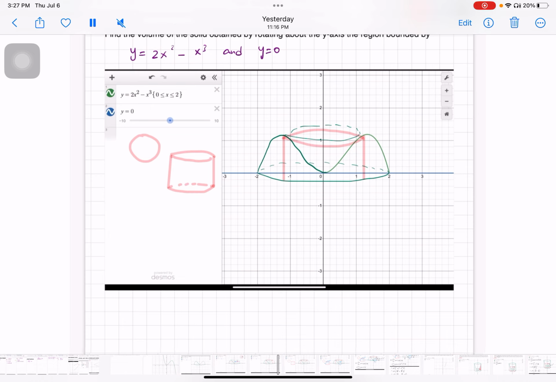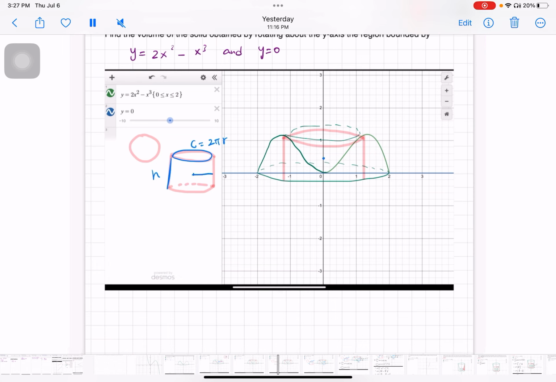That is what the cylinder shape is talking about. This is actually one slice. So we're going to find the circumference of the cylinder, which is 2 pi r. You need to figure out the r, which is the distance from the rotation axis to the slice.